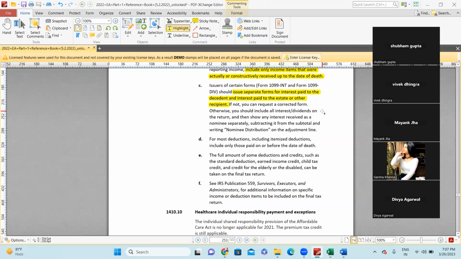In that scenario, the bank will issue Form 1099-INT for interest and 1099-DIV for dividend for the period of 1st January till 30th September in the name of Mr. X who died, right? And the interest and dividend generated for the period of 1st October to 31st December 2022 will go in the name of Miss X. Make sense?